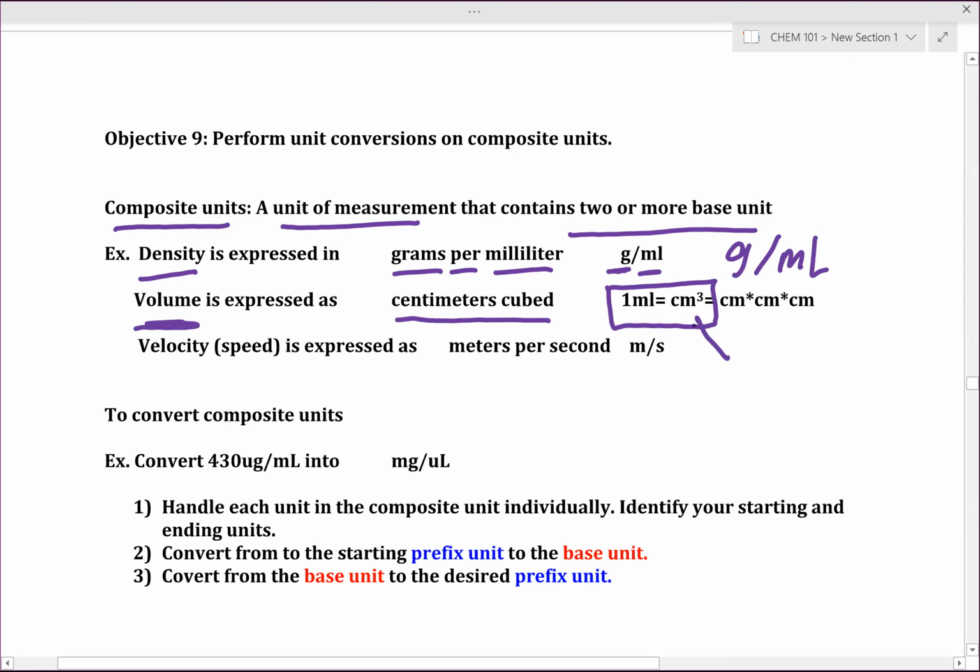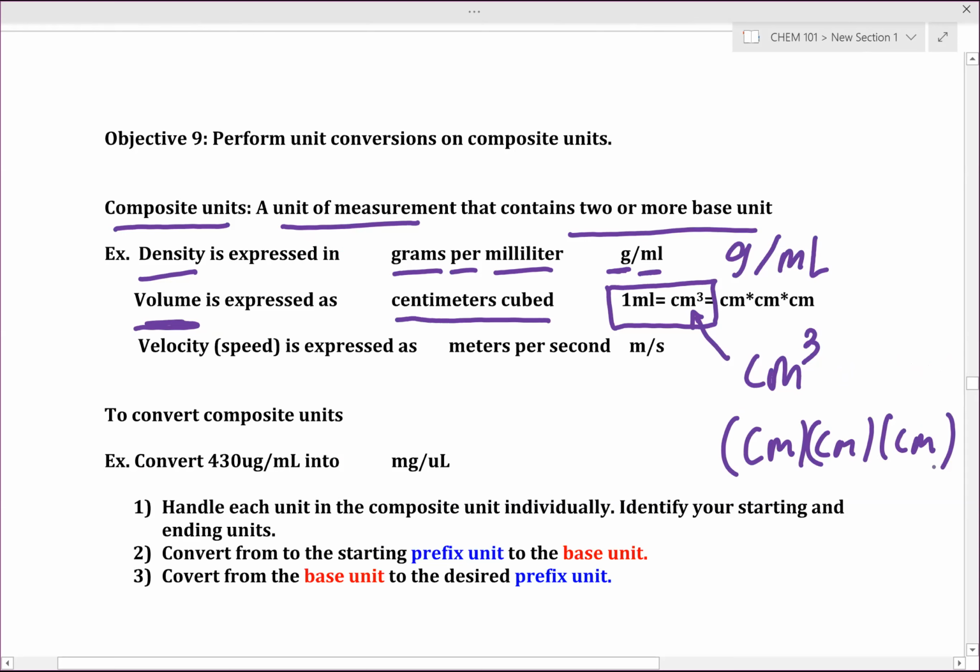Remember, what does centimeter to the third tell us? We have how many centimeter units multiplied together? 3. Yeah. Let me write it below. Centimeter times centimeter times centimeter.